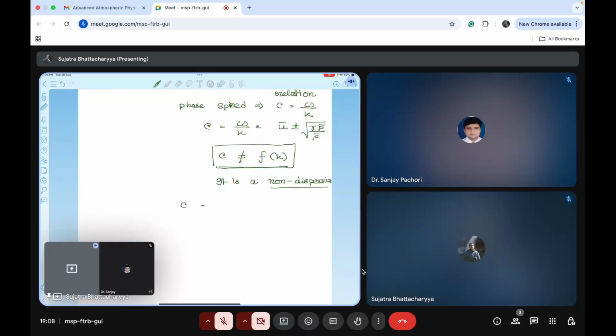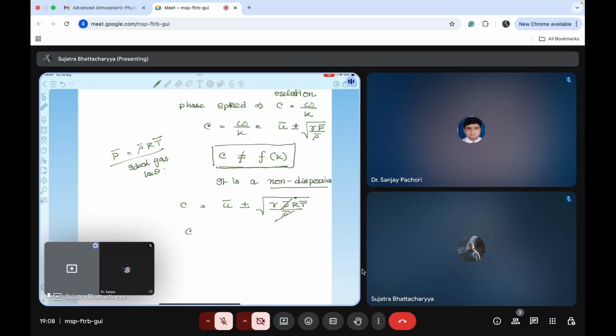So C is equal to u bar plus or minus root over gamma p bar. P bar from the ideal gas law can be written as rho bar R T bar. P is equal to rho R T, the ideal gas law in thermodynamics. If you put rho bar R T bar divided by rho bar, rho can be cancelled.